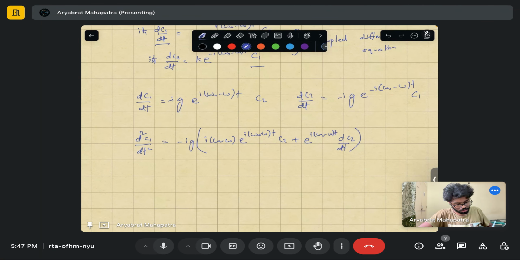In the same way you take the derivative of the second differential equation.